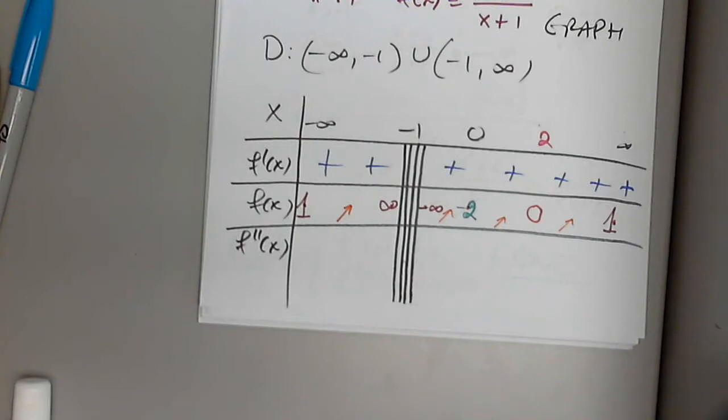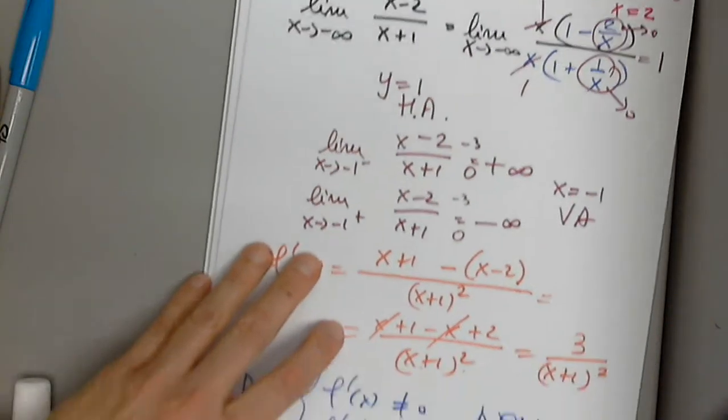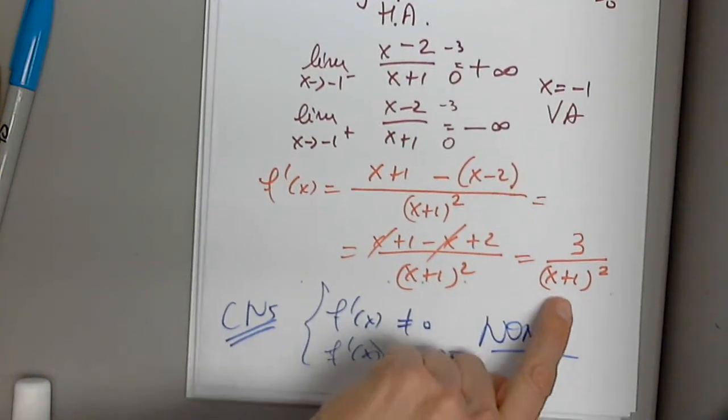Final step, the second derivative. So this was the first derivative. What do you think I'm going to do to this?